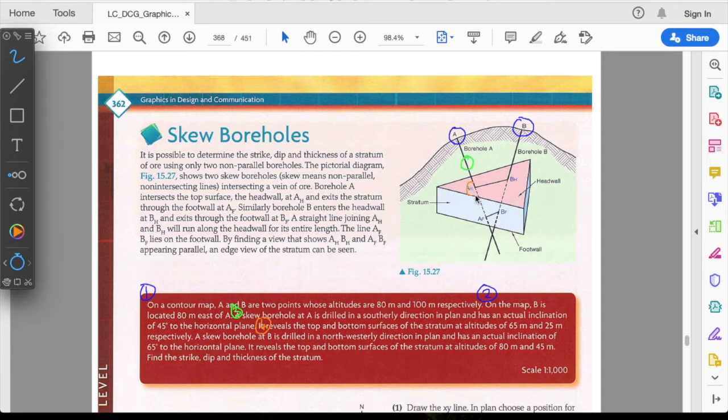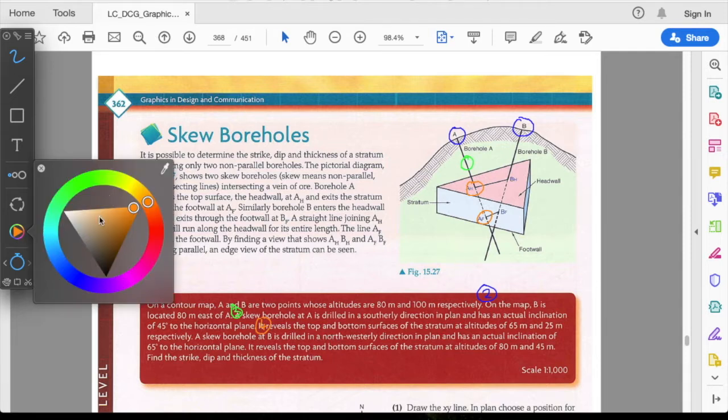Number 4 there is giving us this and this. So 1 and 2 are giving us where the holes are drilled from. Number 3 then is telling us the angle of the borehole, so where the borehole is going. And then number 4 is giving us the AH and the AF.